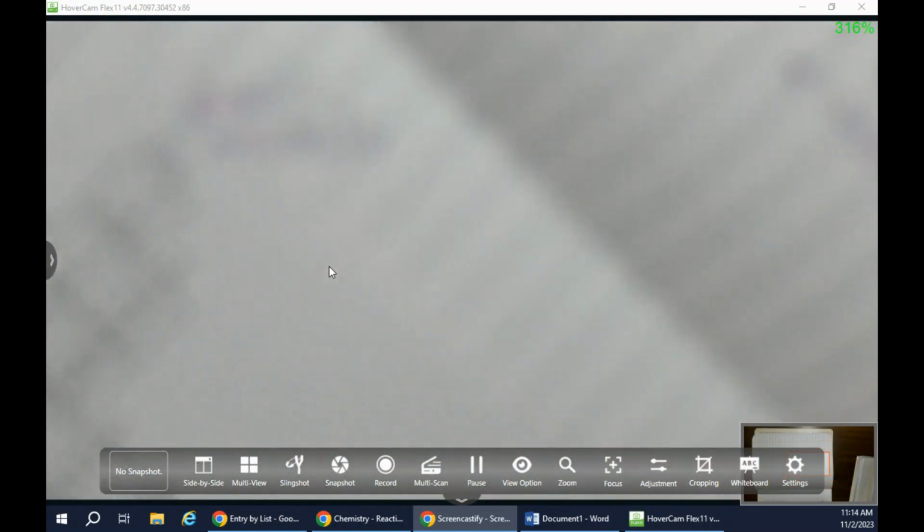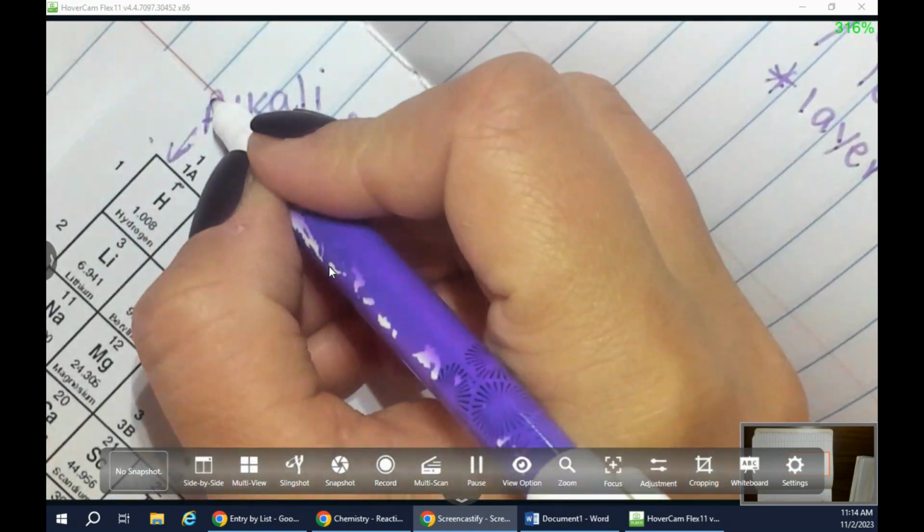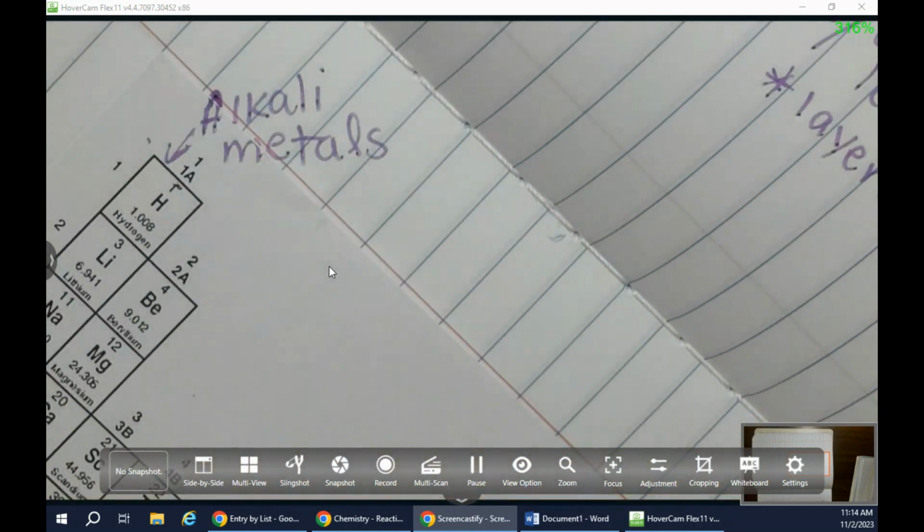Is that better? A-L-K-A-L-I. Alkali. My A got chopped off. There you go. Alkali metals.